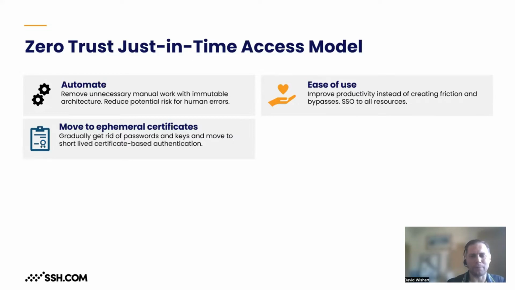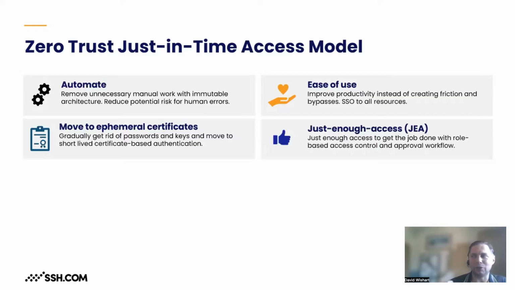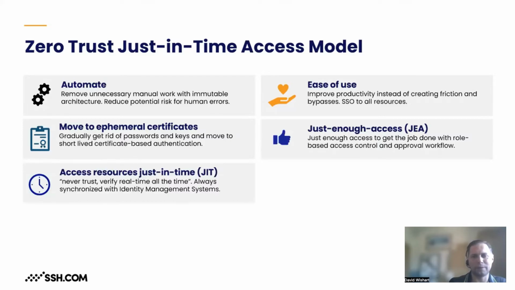Moving to ephemeral certificates enables you to reduce the attack vectors of compromising passwords and compromising SSH keys. Moving to just enough access means that the role you're given only gives you the rights to do your job. It shouldn't give you too much privilege.